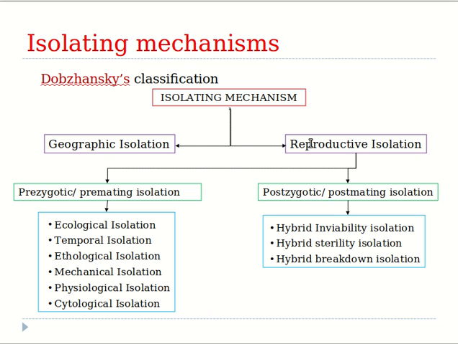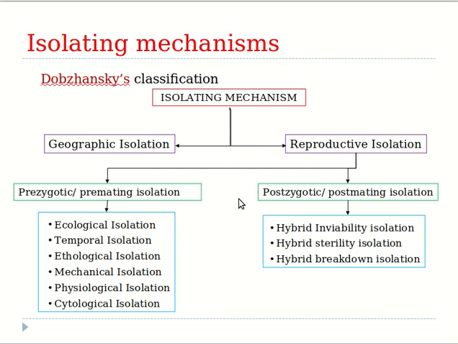We will look at reproductive isolation in detail, but in general, it prevents interspecific mating, that is, between members of different species. Such mating is prevented, and it reduces the formation of viable zygotes or hybrids.